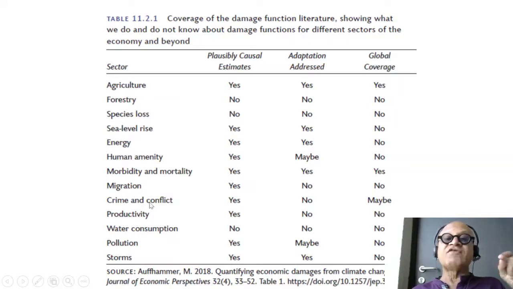So crime and conflict, for example, can be very controversial because there is evidence that warm temperatures lead to higher crimes and more violent behavior. Okay, and conflicts also happen with not only warming but also persistent droughts, like the Arab Spring and the Syrian war and the conflicts in Darfur, and many such situations have been argued and quantified to some extent to be related to climate change impacts.